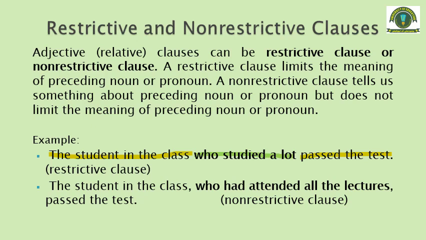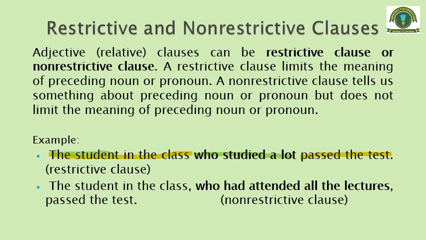This is a restrictive clause. Why is it restrictive? They are talking about one student who has studied a lot. Obviously, the person who studied a lot is going to pass the test. So this "who studied a lot" is restricting the student.